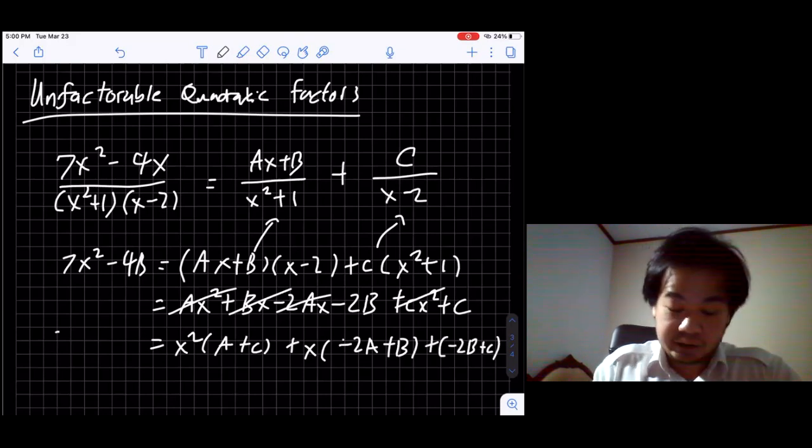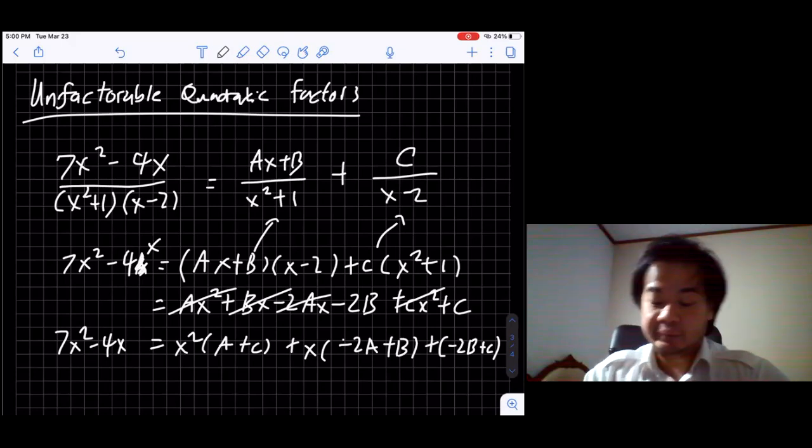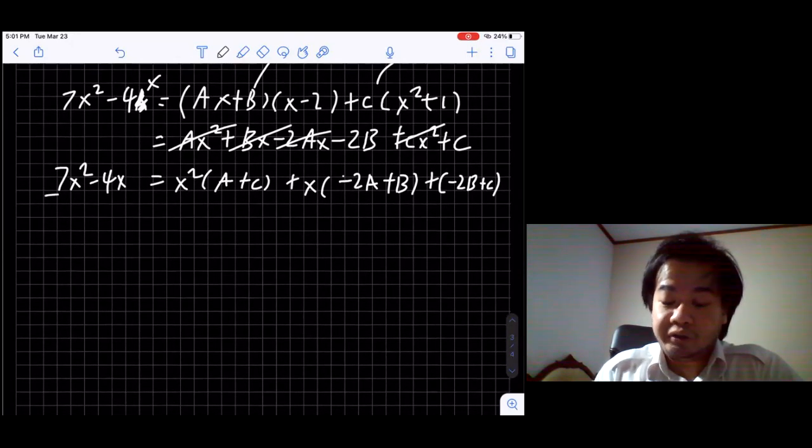And this is 7x squared minus 4x. Again, like I said, the coefficients of each common term must be the same.